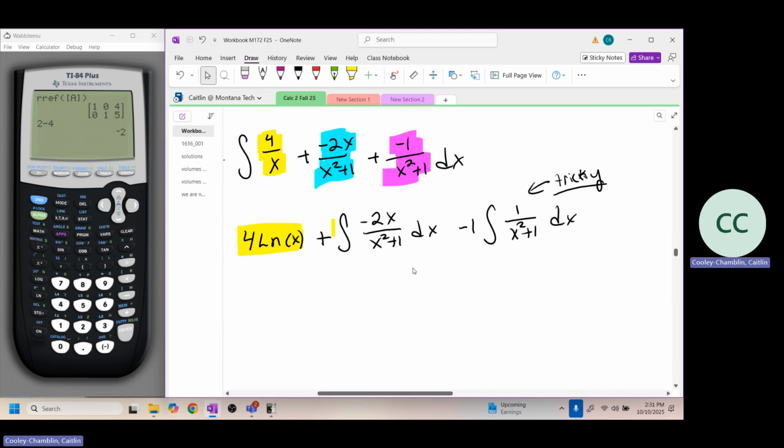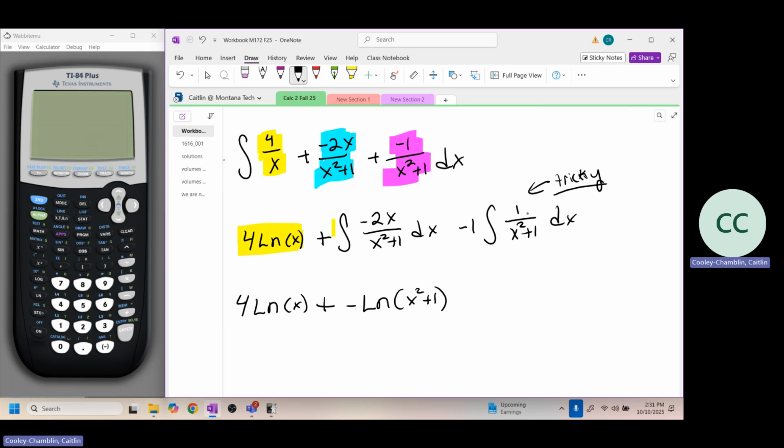Okay, so we have 4 ln of x, plus, we said that was negative ln of x squared plus 1. And this one right here should be screaming at you, that's inverse tangent. So I get -1 from here.